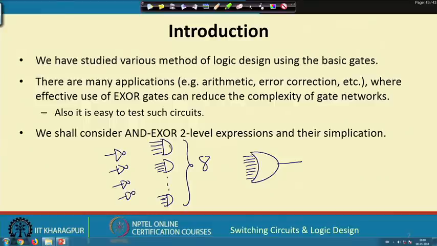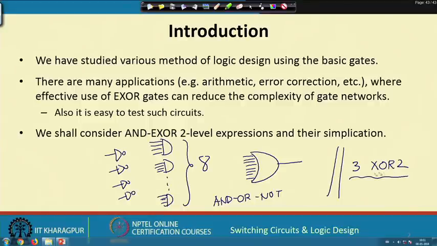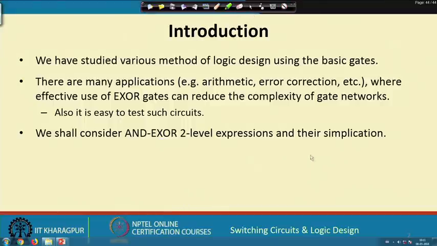So, you see, you will be requiring 8 4-input gates, 1 8-input gate and 4 NOT gates for a conventional AND-OR-NOT realization. But if we use XOR, you need only 3 2-input XOR gates. You see, this is a classic example which shows that XOR gates for some applications can be very, very efficient as compared to conventional logic implementations. Okay. Let us move on.